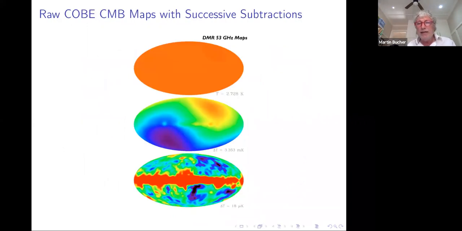Okay, I think we looked at this slide last time, and you see the monopole, you subtract it off, you get the dipole, and this is from COBE, and you see the galaxy.